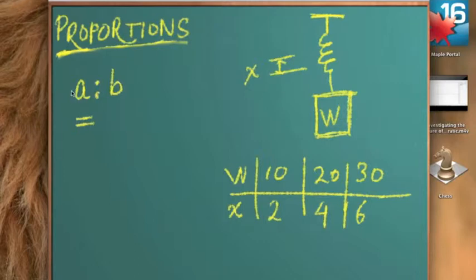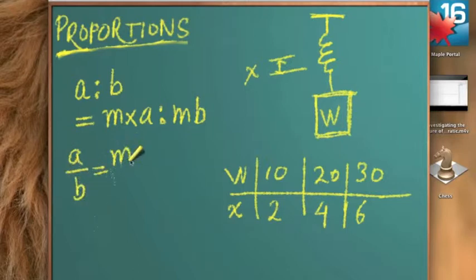It is telling us the exact same thing as just M times A to M times B. We can write this, in other words, A over B is the same as M times A over M times B. What this tells us is that if you multiply both the numerator and the denominator of a fraction by the same number, you get a new fraction which is actually equivalent to the one which we had previously.